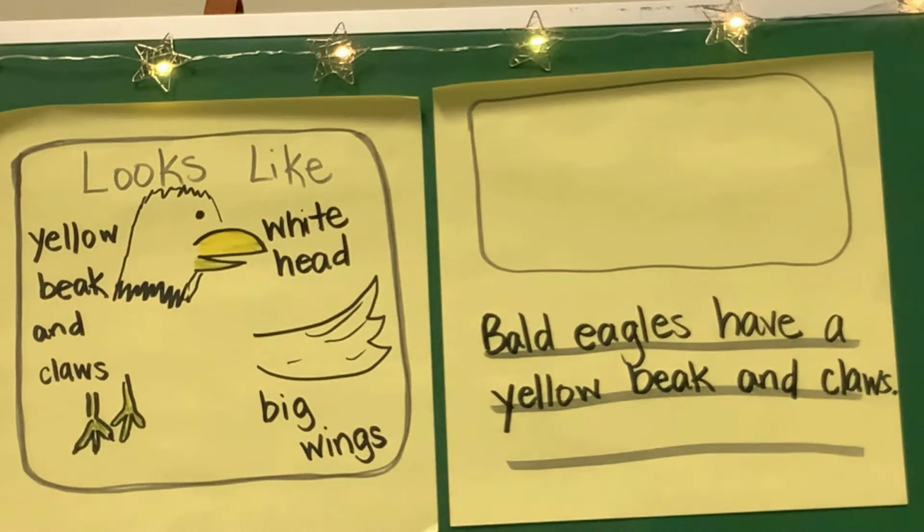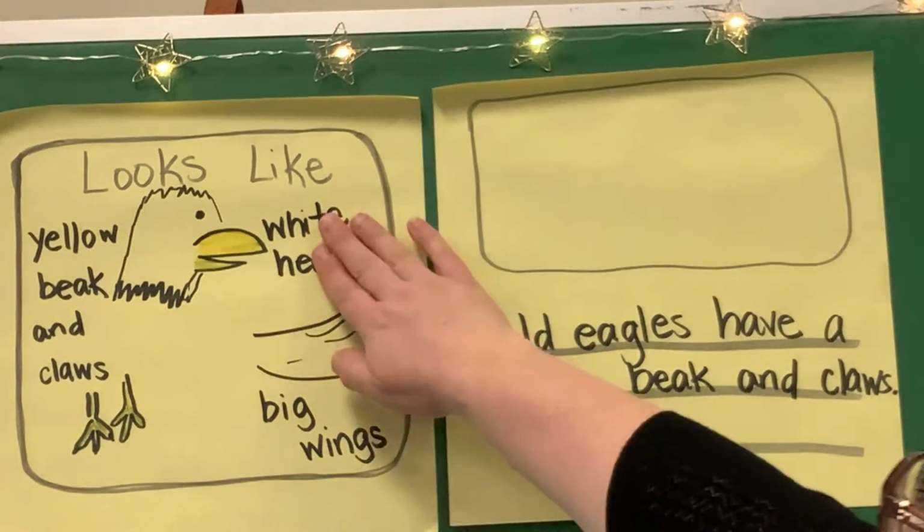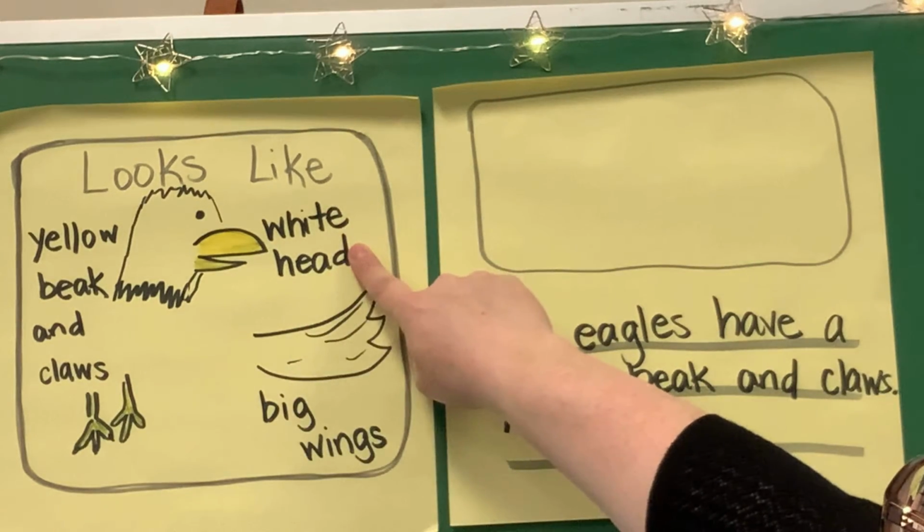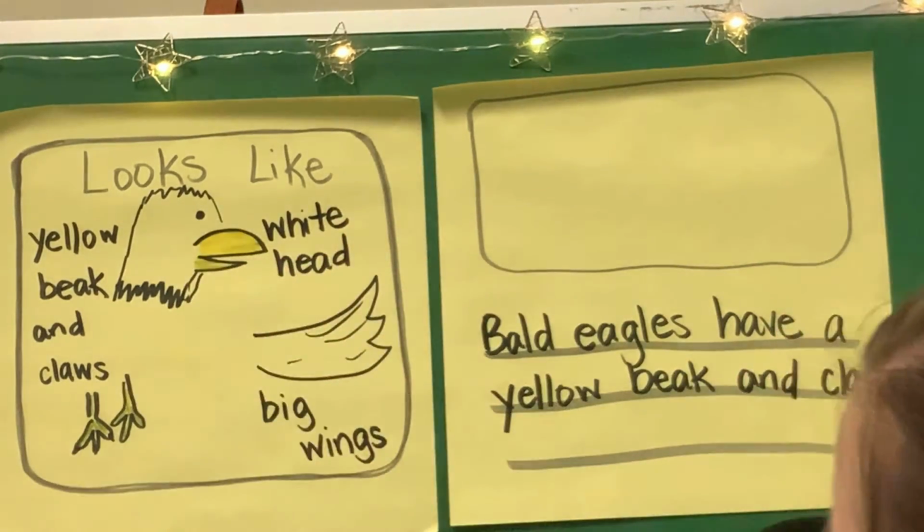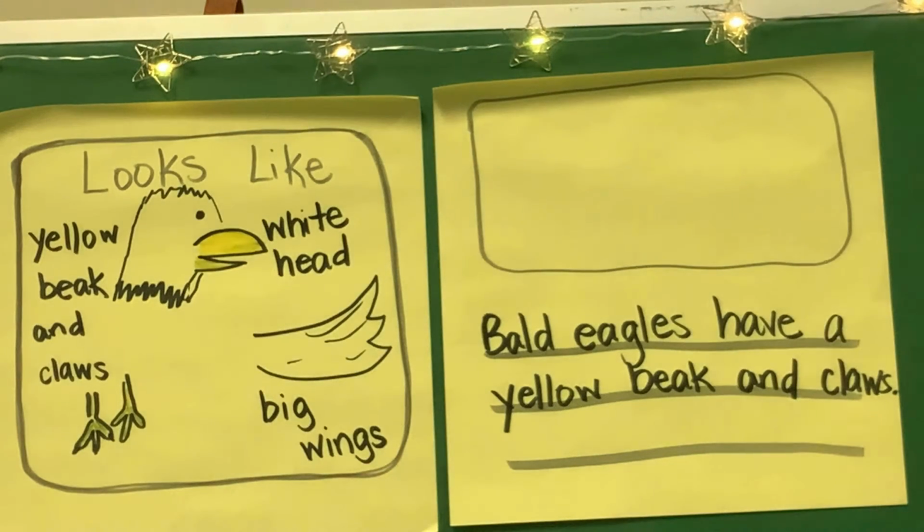Now, I've written one complete sentence, but I still haven't talked about their white head, excuse me, or their big wings. So I think for this page, I'm going to make another sentence, all right? So, let's see.